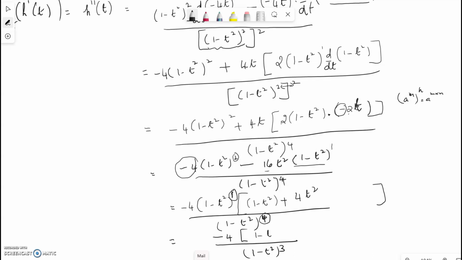So we have 1 minus t squared plus 4t squared, and just one more step and we'll be done. Negative 4 times 1 plus 3t squared divided by 1 minus t squared the whole cubed.